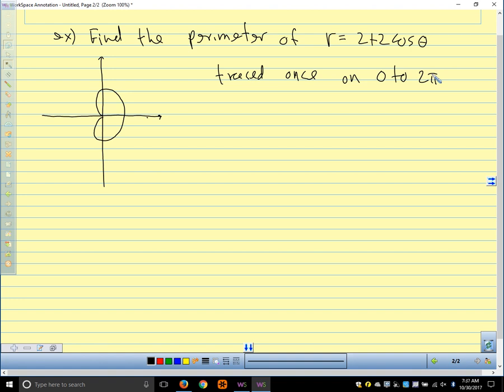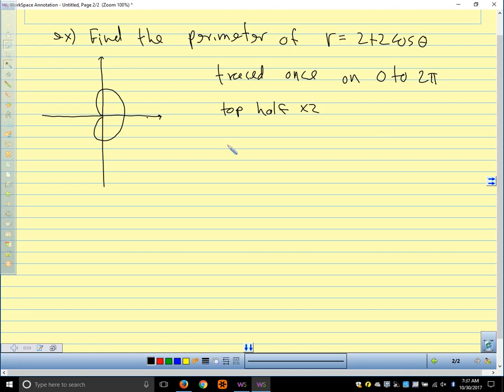If you weren't sure, you would either graph it in your calculator or solve for the theta values when r equals 0, and you would get 0 and 2 pi. And what I'm going to do is do the top half times 2.